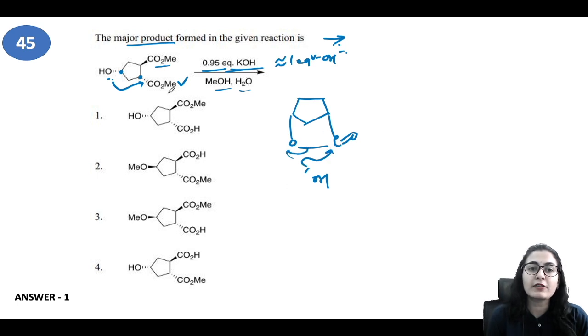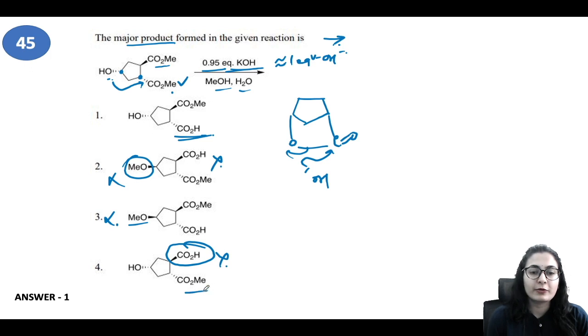So this is going to be hydrolyzed better. So that's why the answer is option number A and not B. All right. And these examples, this is not going to happen absolutely because you don't have methyl iodide. So 2 and 3 don't make sense. And this is not going to be hydrolyzed before this one.